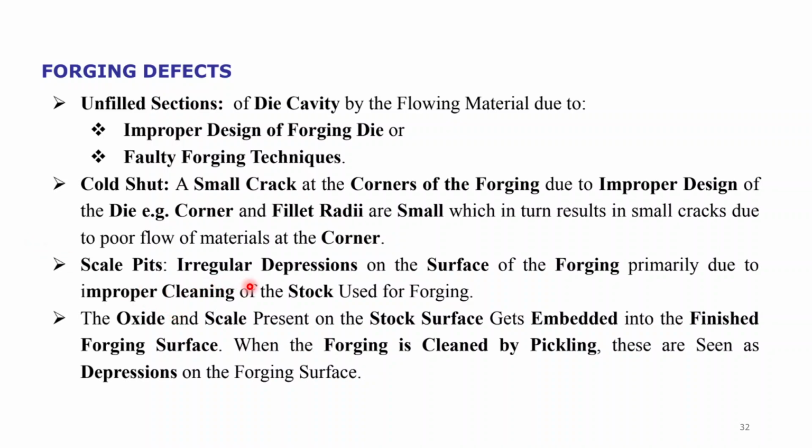Scale pits are irregular depressions on the surface of the forging, primarily due to improper cleaning of the stock used for the forging. The oxide and scale present on the stock surface gets embedded into the finished forging surface, and when the forging is cleaned by pickling, these are then seen as depressions on the forging surface.